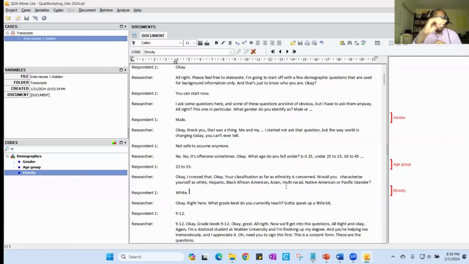What this does is the software is storing all of this information across all 10 transcripts. So at the end of your level one analysis, you're going to be able to produce a report that summarizes all of the themes and all of the codes by category. That's why this is much more efficient than doing things by hand.